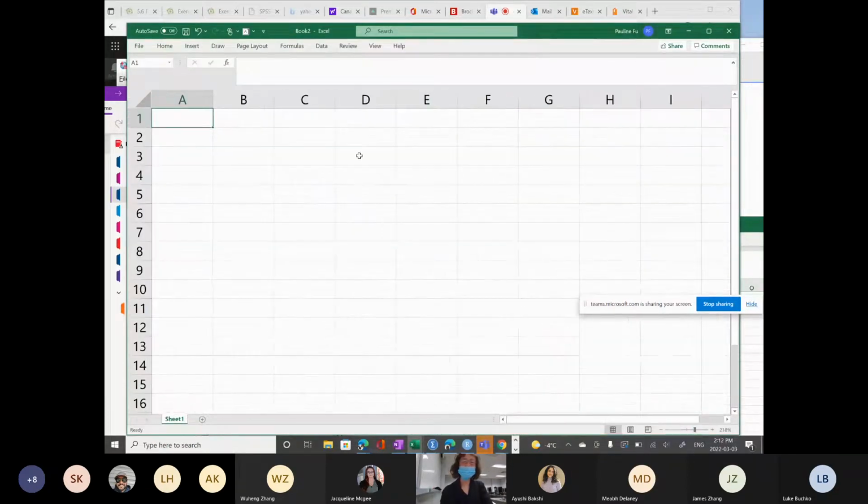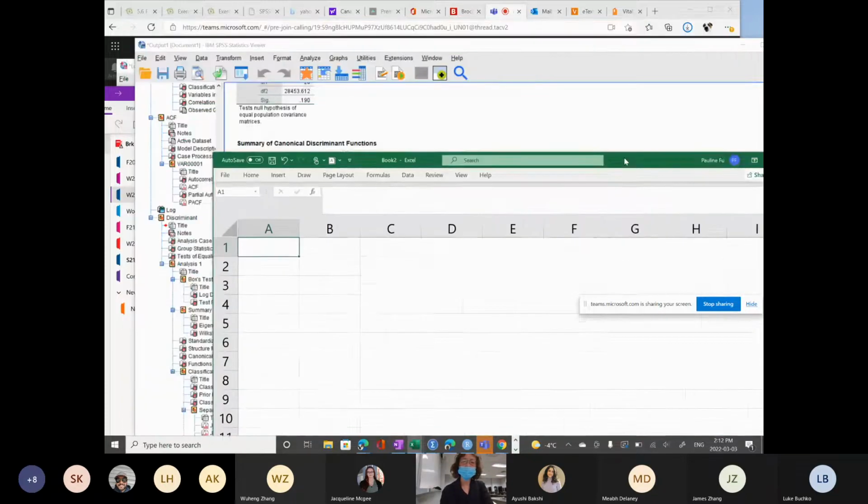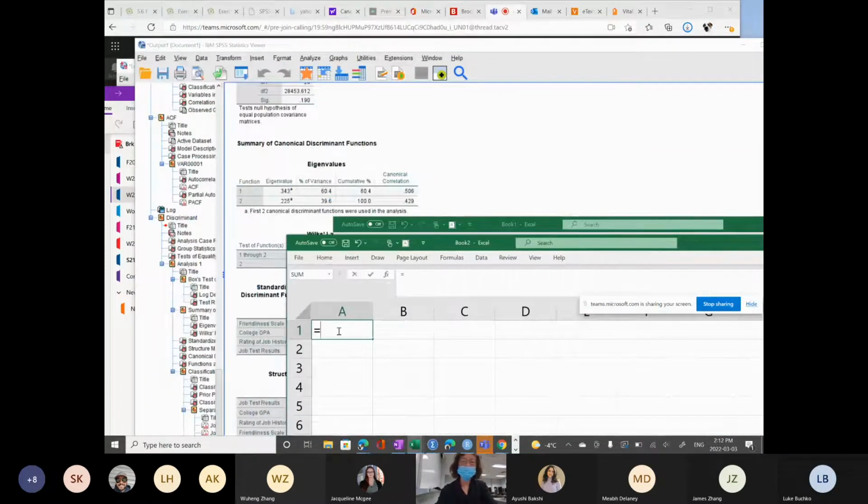I want to do a calculation: 0.506 times 0.506, and the result is 0.256. This result is effect size. It is like the R squared, like 26%. So 26% of the variability for the first discriminant function is accounted for by the difference among the three groups.